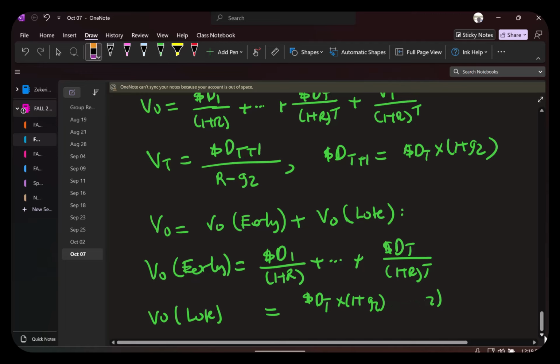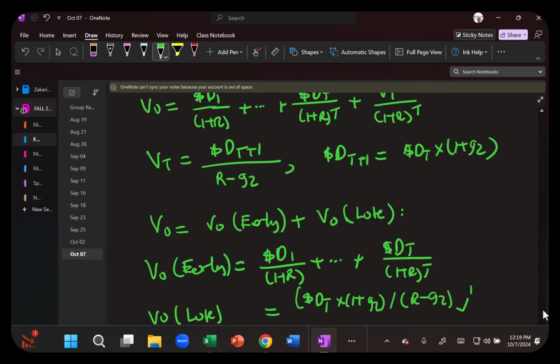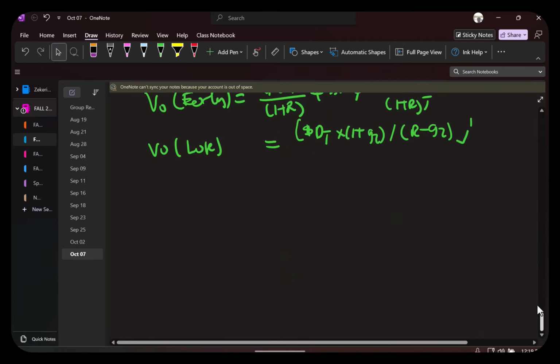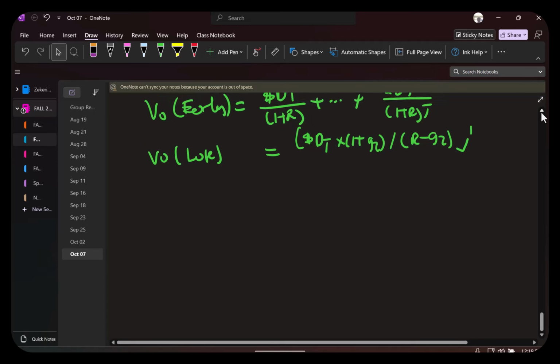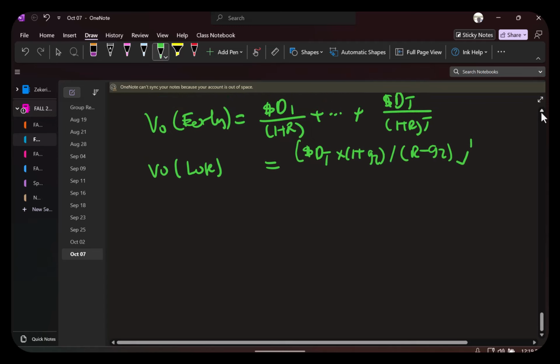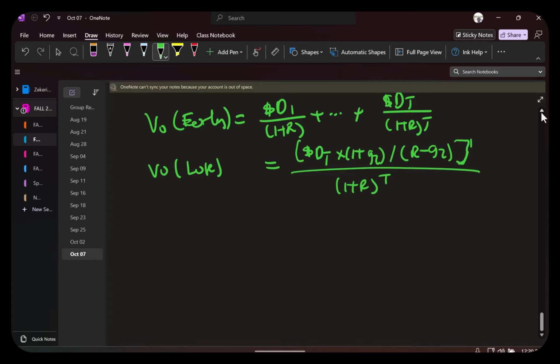On Wednesday, we're going to implement these in Excel as a template. But for now, let's do an example.